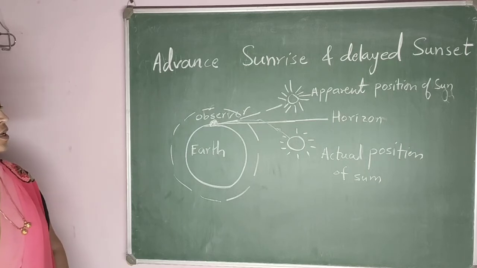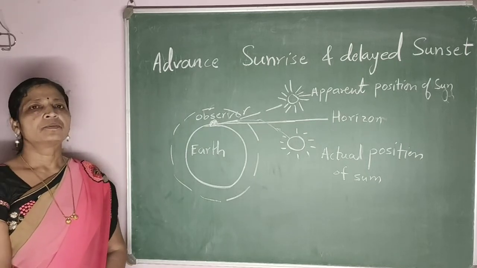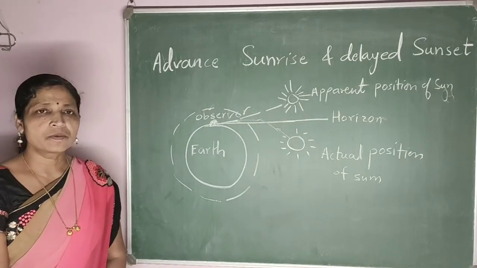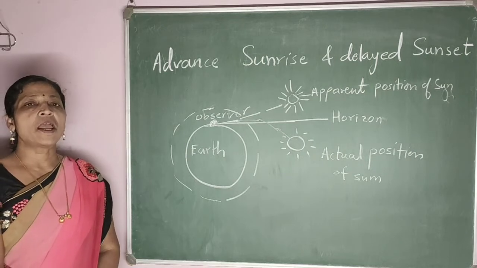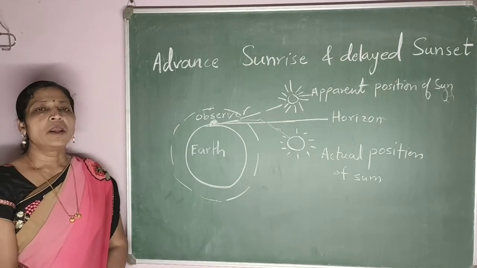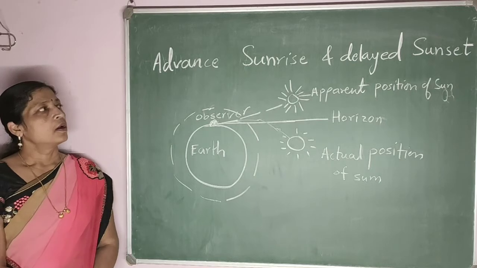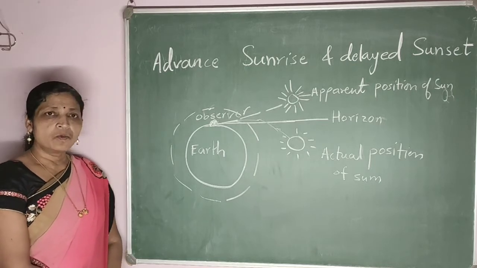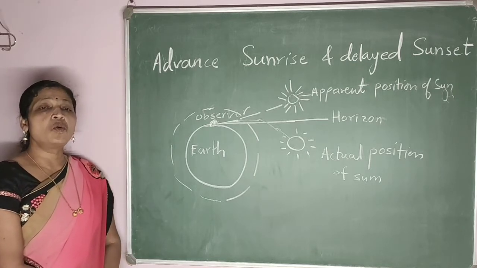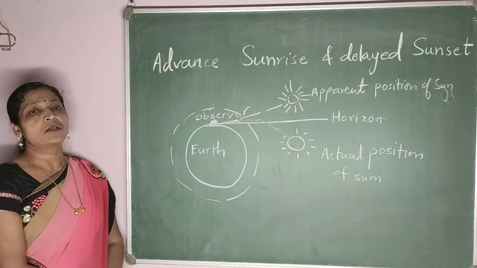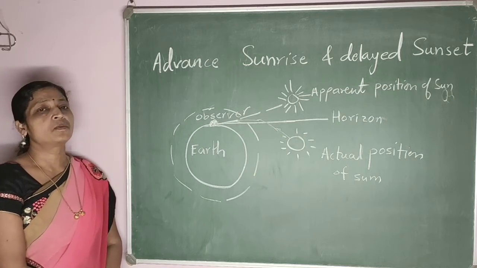Advanced sunrise and delayed sunset. What is sunrise? When the sun actually crosses the horizon, it is called sunrise. But we can see the sun 2 minutes before it actually crosses the horizon.